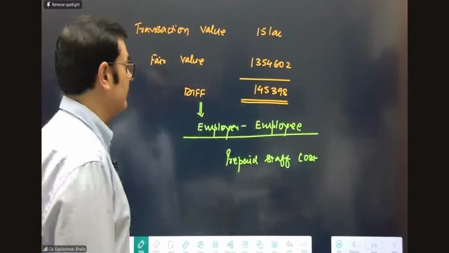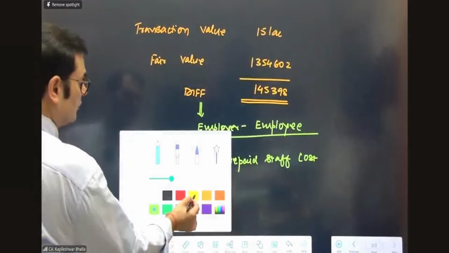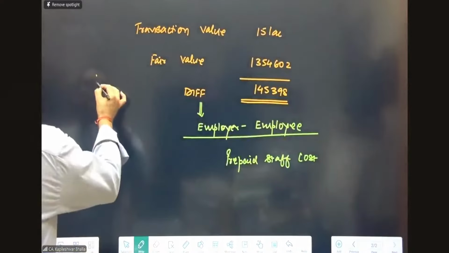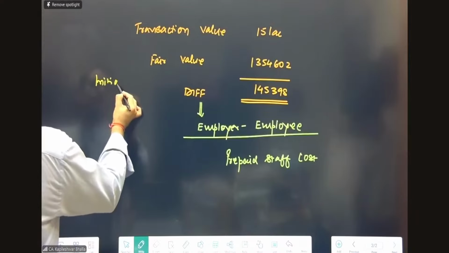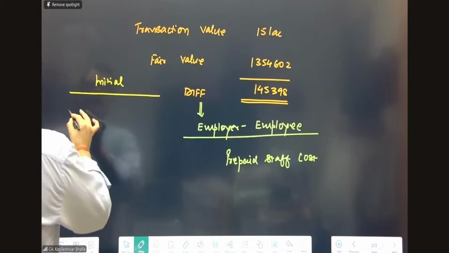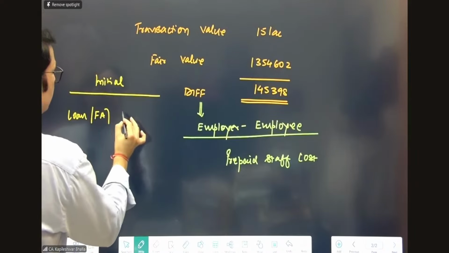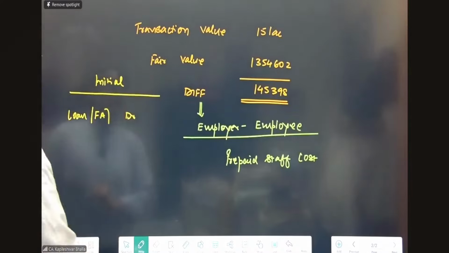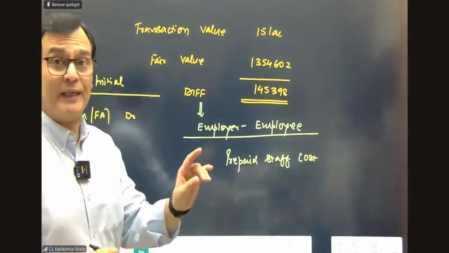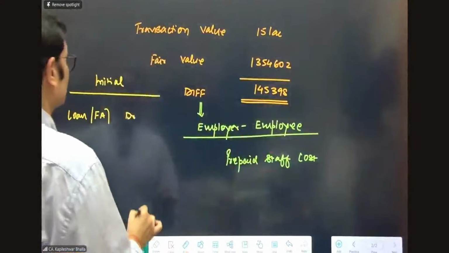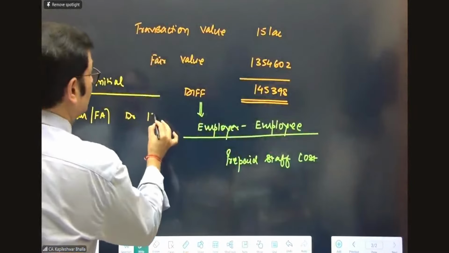So what do we need to do at the inception? If I were to look at the entries at the initial stage, the loan, that is the financial asset, gets a debit. The financial asset will be recorded at a fair value, which is to the extent of 1,354,602.